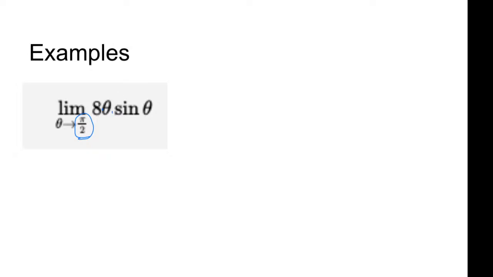So you could break that up, and I'll do a little shorthand: the limit of 8 times the limit of theta times the limit of sine theta. Each of these is as theta goes to pi over 2, but I'll mess myself up if I try to write too many details.